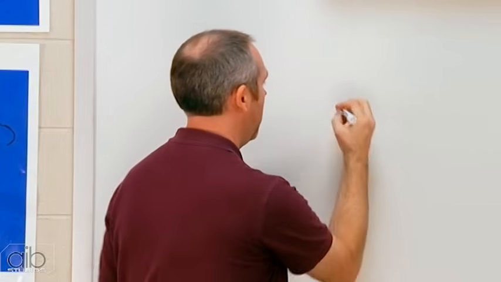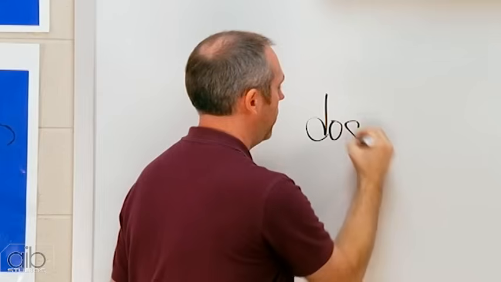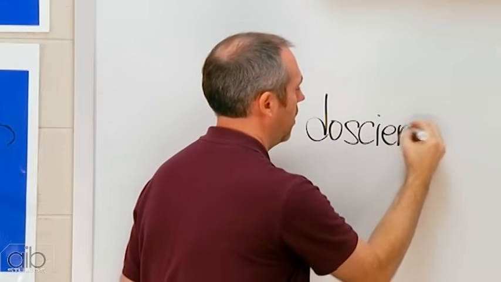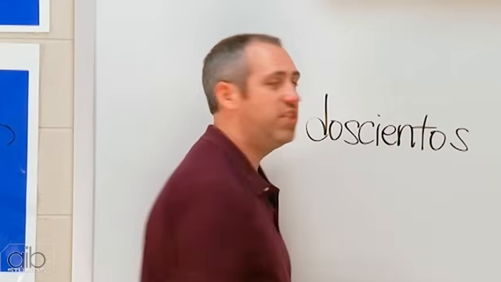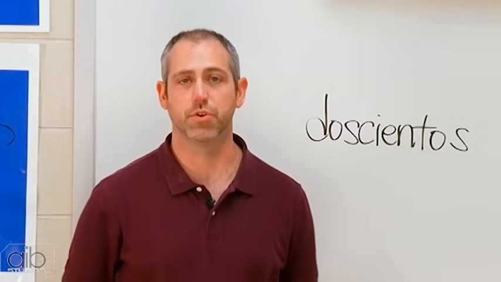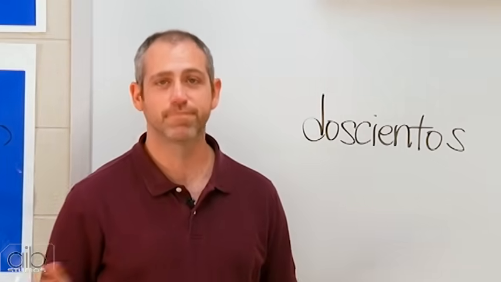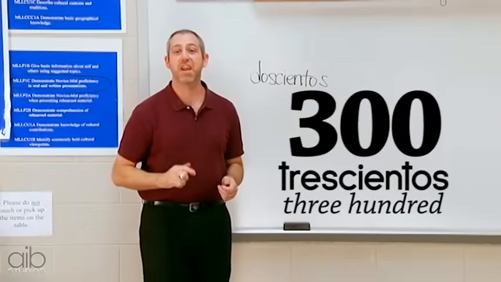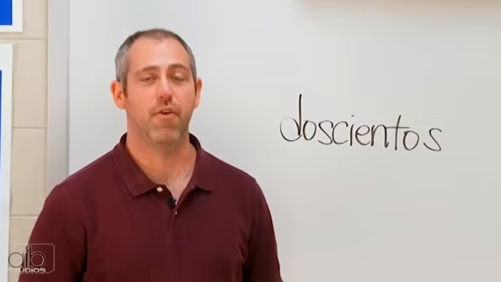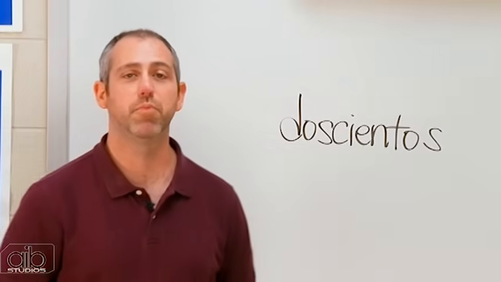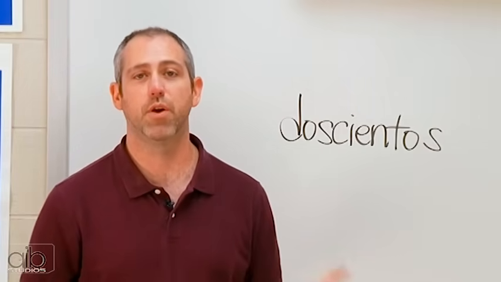We'll simply say dos, which is two, cientos, 200. And so I bet you can already guess what 300 is. 300. Now, 400, same thing. Put the word four with hundreds, and what do you get?